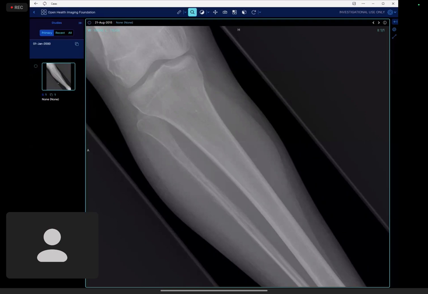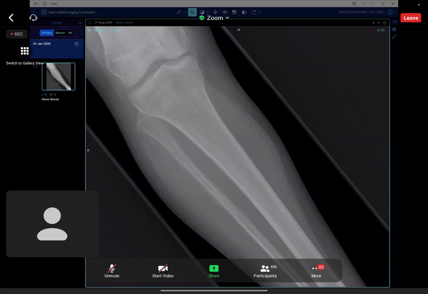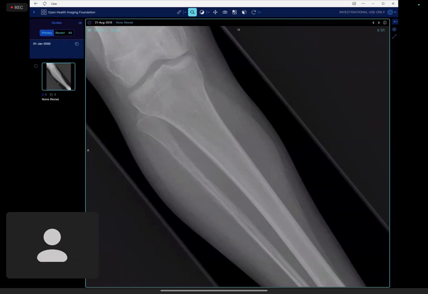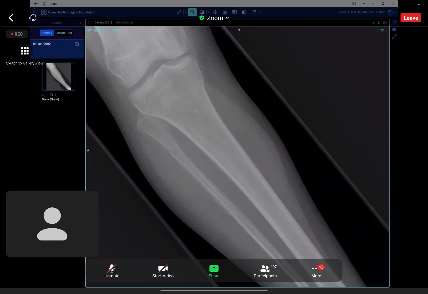So given this appearance, and this wide zone of transition, I suspect that this is an aggressive lesion. In my normal practice, I would compare this with previous radiographs to see if this is present then as well.